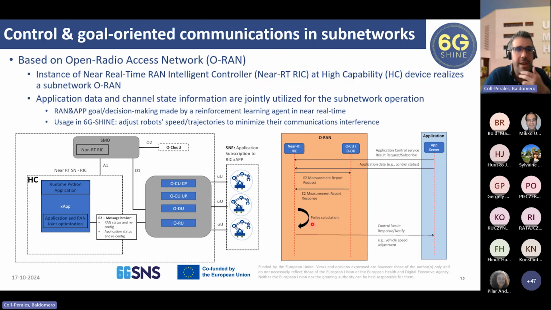In the particular case of 6G-SHINE, this is done, for instance, to adjust the robot speed and trajectories based on these measurements that they can provide to the controller in order to minimize the interference of their communication with the high capability nodes.